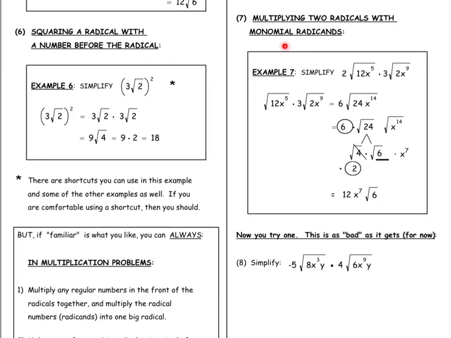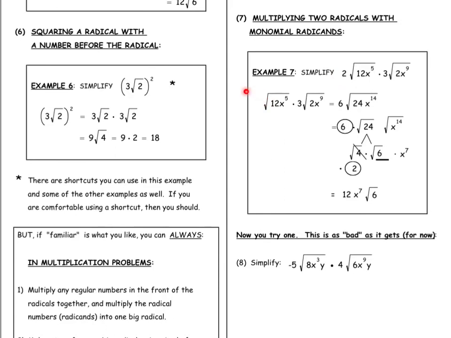Here's example number 7. I put a 2 in front of a radical with a 12x fifth. I put a 3 in front of a radical with 2x ninth. And when I multiplied the 2 together, oh my gosh, I lost the 2. I'm not redoing a whole video for a 2, but please put the 2 in yourself and imagine that it's there. See the 2? It got lost.